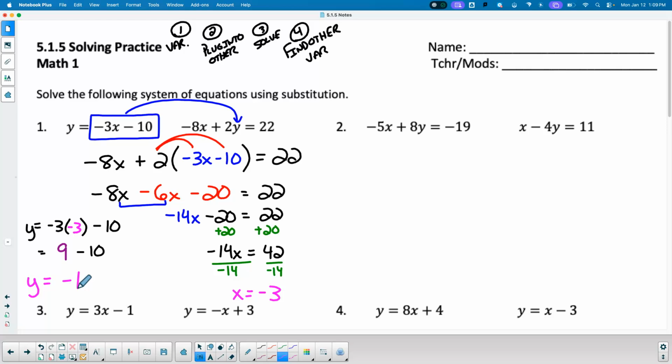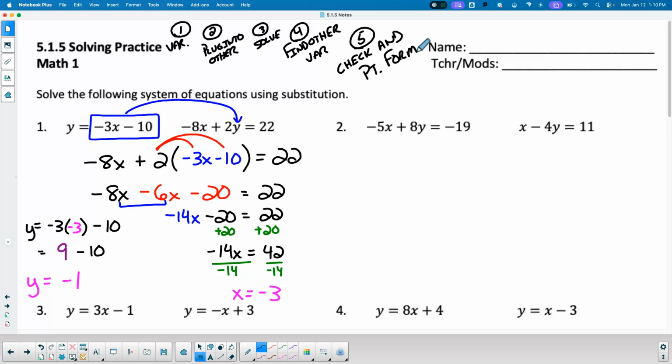Then our last step, we check it and we put it in point form.